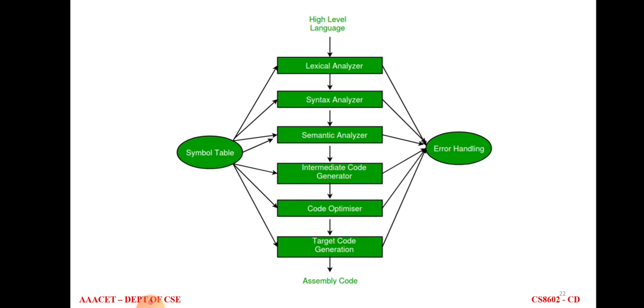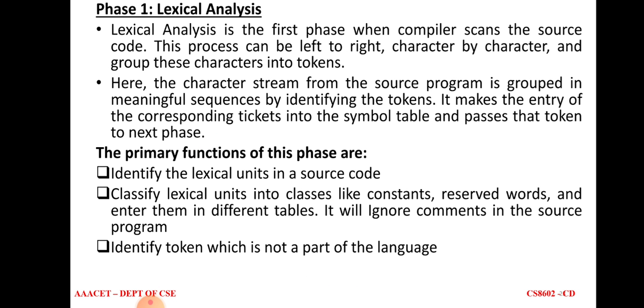The high level language is converted into assembly code or machine level or low level language by using 6 phases, and all these 6 phases interact with the symbol table and error handling. You can clearly see that every single phase interacts with the symbol table and error handling.